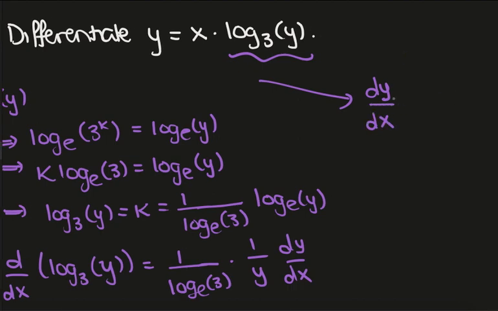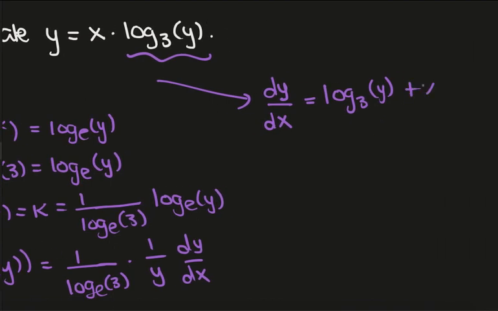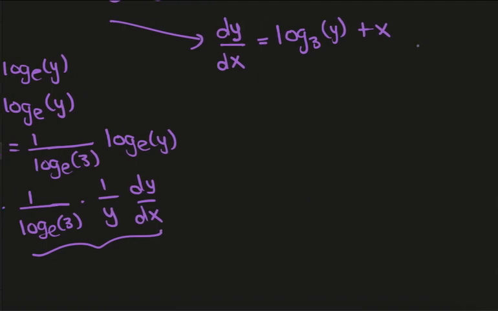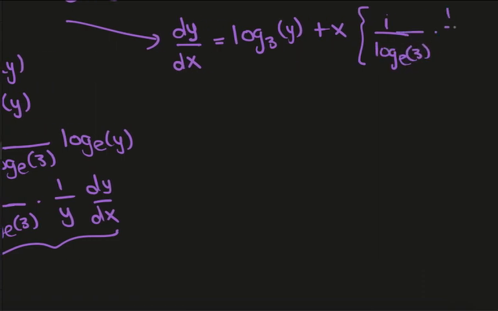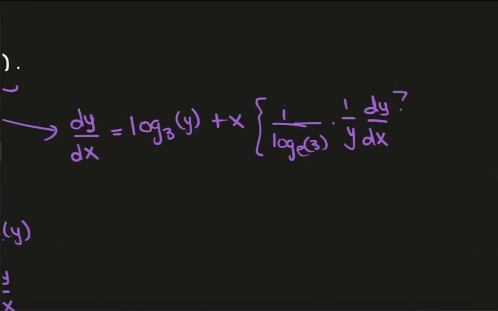So in particular, now we can just apply normal implicit differentiation. So I differentiate the left-hand side, I get dy dx. The product rule now tells me I get log 3 y plus x times this here. So let's write that. I get 1 over log e 3 times 1 over y dy dx. And now I just collect the dy dx terms.